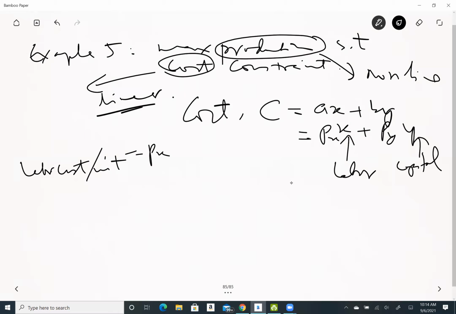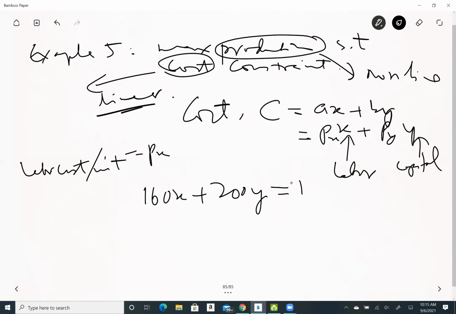Therefore, our cost function or cost constraint will be equal to 160X, which is the price of labor, plus 200Y, the price of capital, equal to the limiting cost.